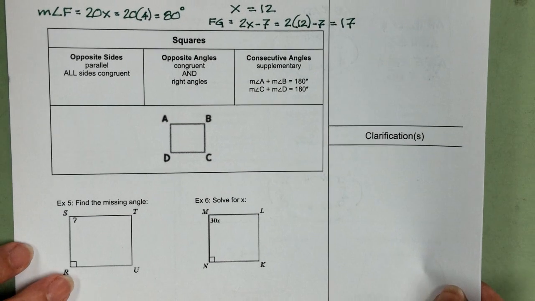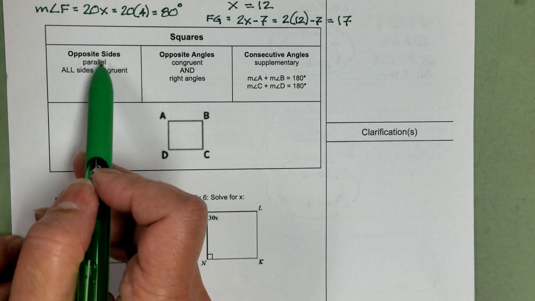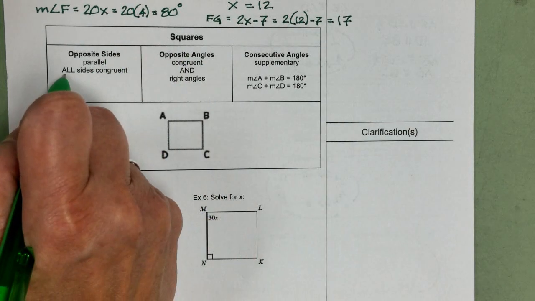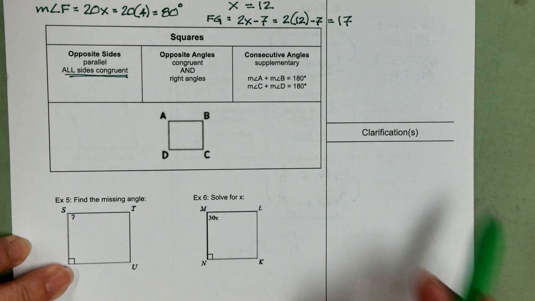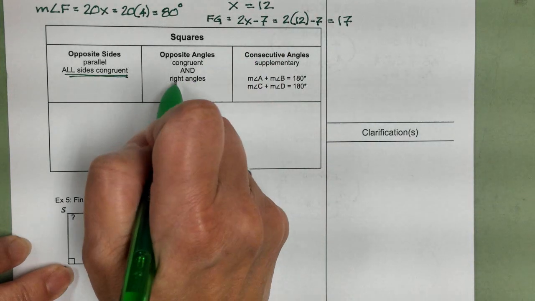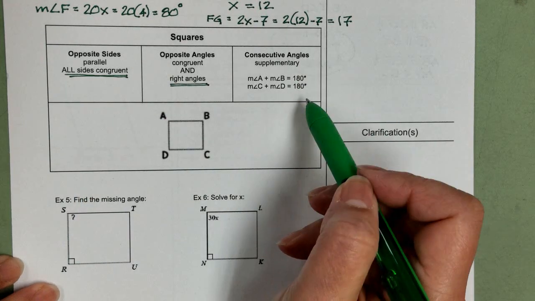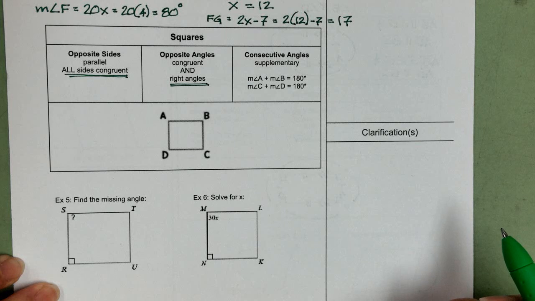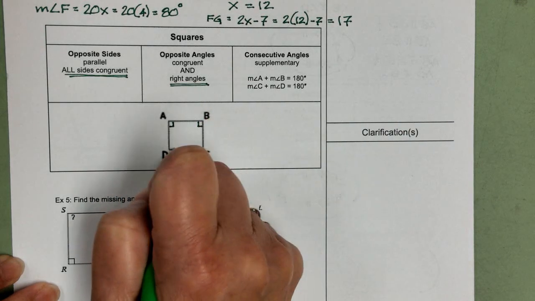Squares are very similar to parallelograms and rectangles in that opposite sides are parallel, but now all sides are congruent, opposite angles are congruent, and right angles, and we still have our supplementary. Okay? So all my angles are right angles.